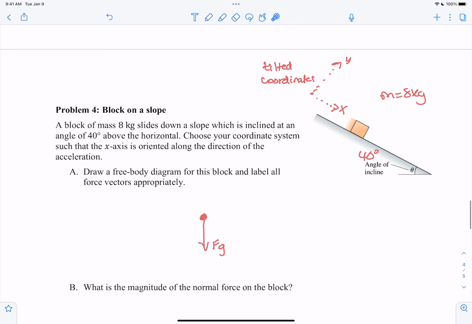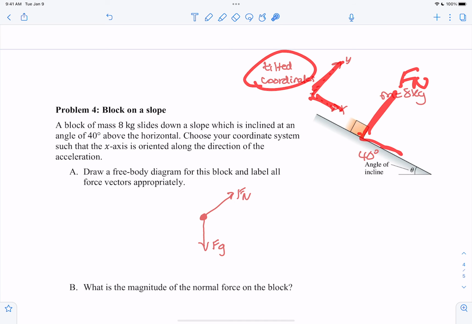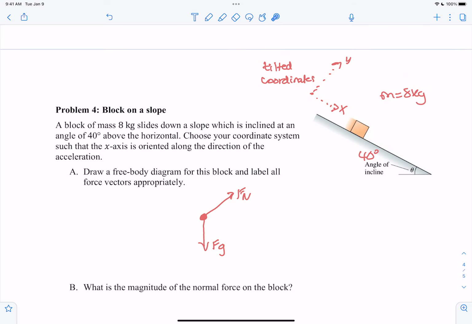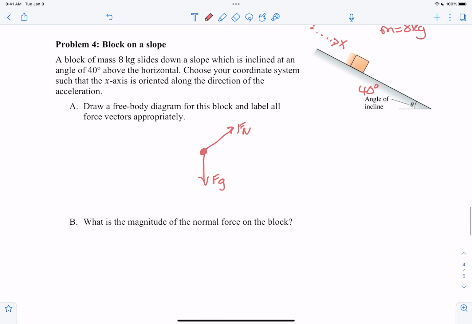And at the same time, we can technically say that this is along the tilted y-axis. So if they were to ask you the direction of the normal force, you would say it's pointing along the tilted y-axis. So there's our normal force.